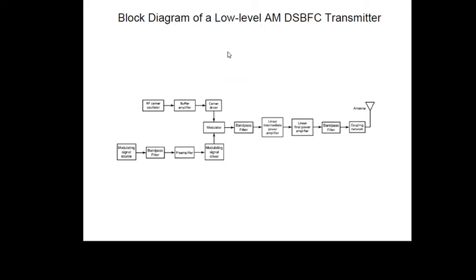We can represent this high level transmitter and low level transmitter of amplitude modulation in double sideband suppressed carrier. In the low level one, there is an RF carrier, buffer amplifier, carrier wave, then the modulator with the modulating signal, band pass filter, linear integrated power amplifier, linear final power amplifier, and band pass filter, then coupling to the network, and the signal is transmitted to the antenna.